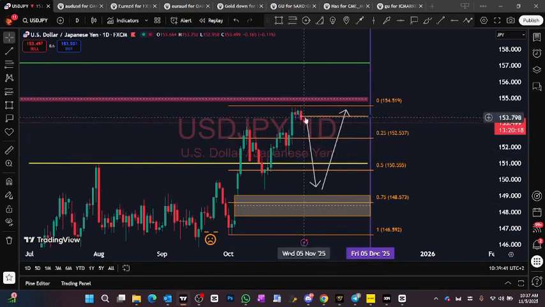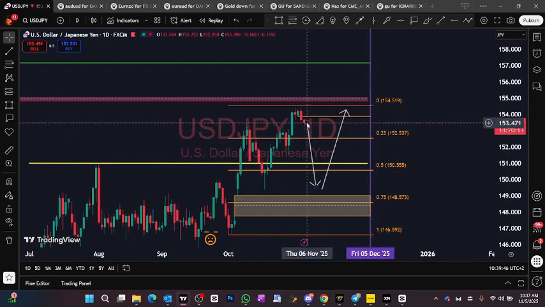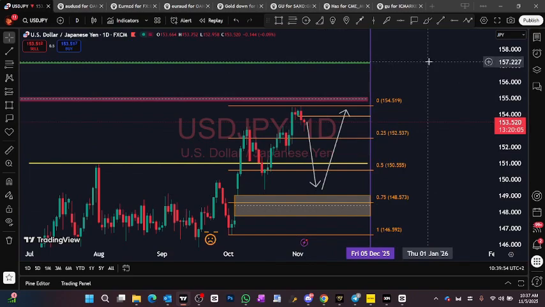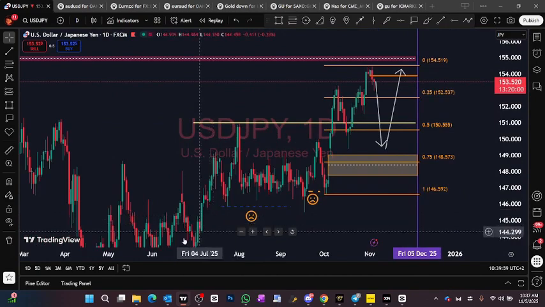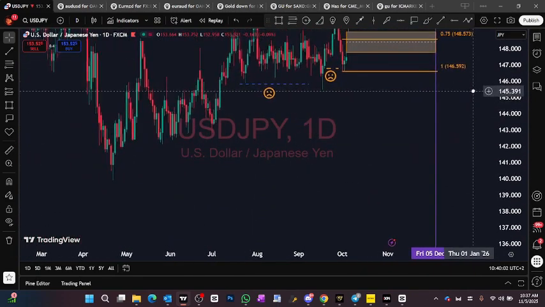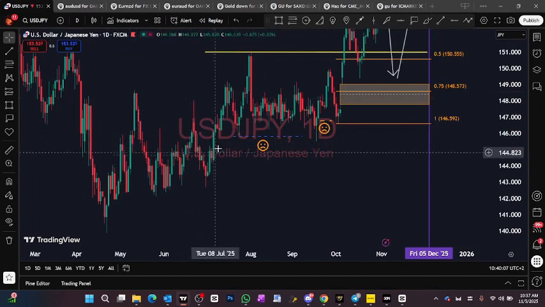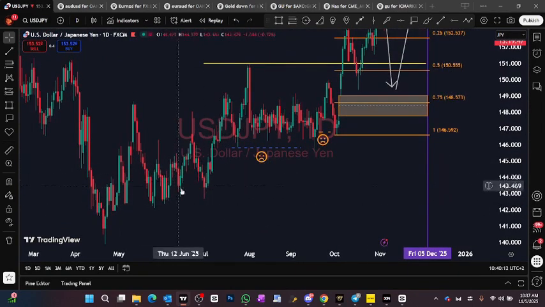So it's in the discount and under the 75. So price might come down, fill this gap, and then shoot up. And remember, when it goes up, now we are going with the trend. So you might see long, long, long swings, because they're going with the trend. When you see short ones, just know that it's against the trend.